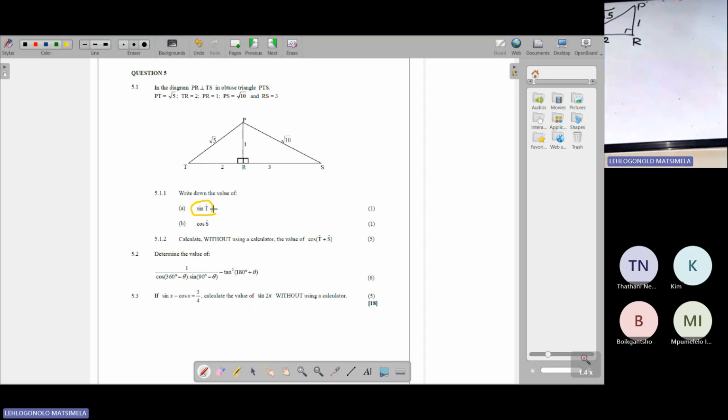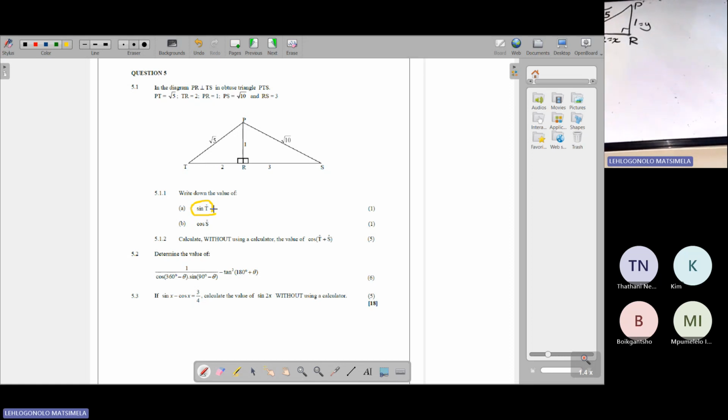So for sine angle t, we must figure out x and y. Since the line is drawn from the 90 degrees going to an angle, this is an x, then this is a y, then obviously the remaining part is r, the longest side. Remember our sine will always remain y over r.